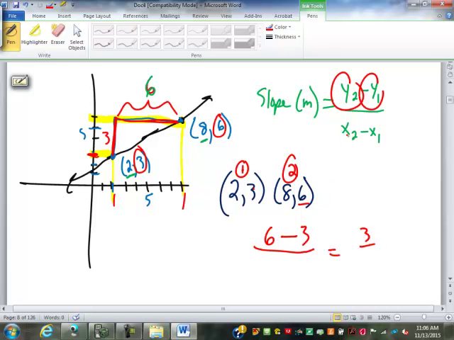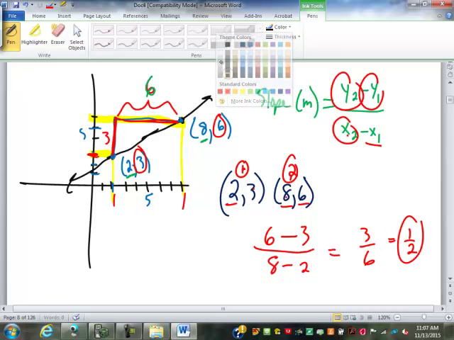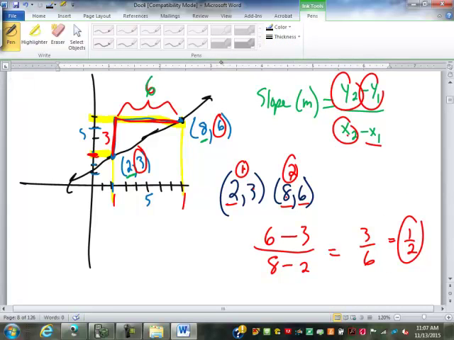That's my rise. x2, point 2, the x coordinate is 8, minus x1, point 1, the x coordinate is 2. 8 minus 2 is 6. So this is 3 over 6, or a 1/2 slope. Which looks about right on our graph. Rise 1, run 2.